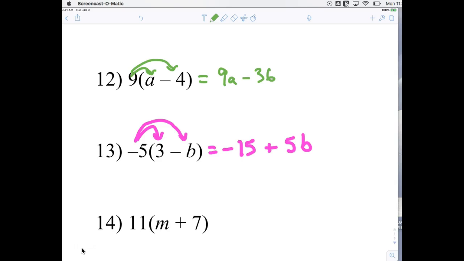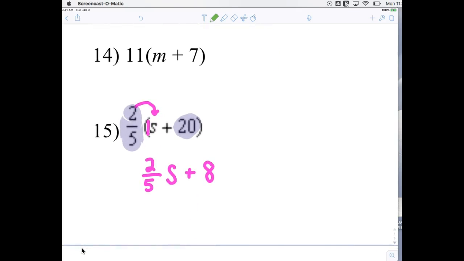Yes. You with me now, right? All right, double check yourself. You don't want to make a silly mistake. It's really not that hard. Anybody have any questions? Speak up now. So, go ahead. 14. 11m plus 77. Perfect.